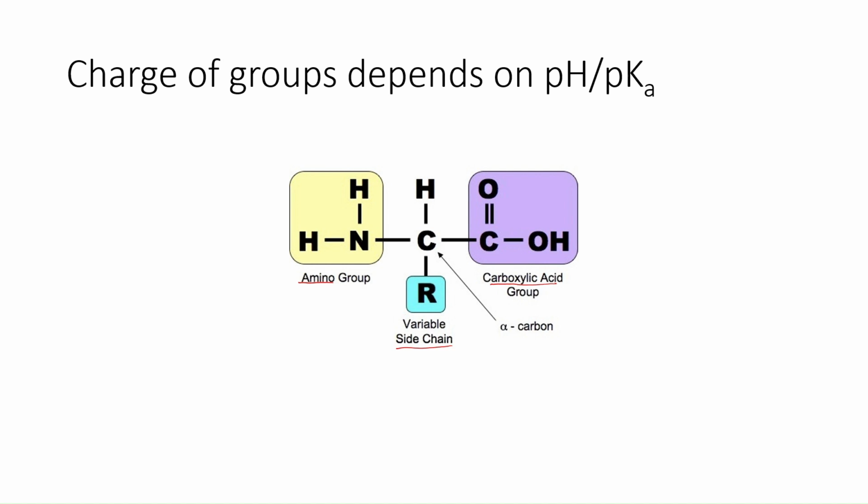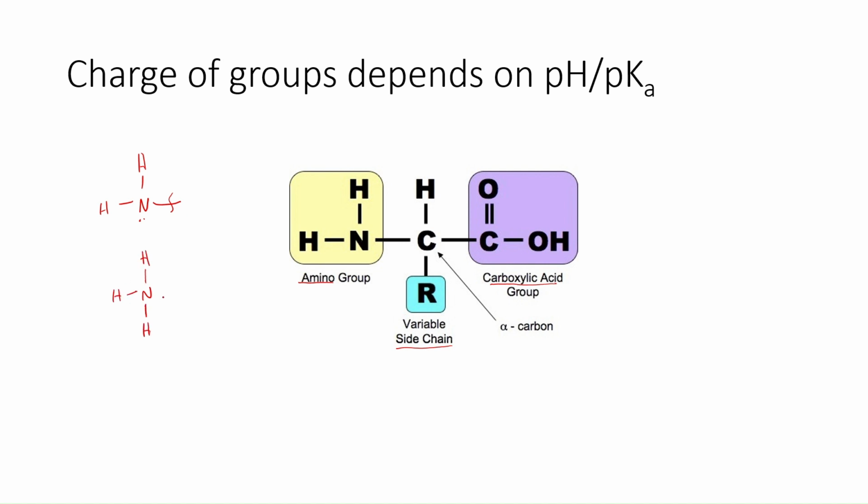So first let's start with the amino group. The way it's drawn out here, you have a central nitrogen with two hydrogens, attachment to the rest of the molecule, and then a lone pair of electrons. However, in some cases, the lone pair can gain a proton.